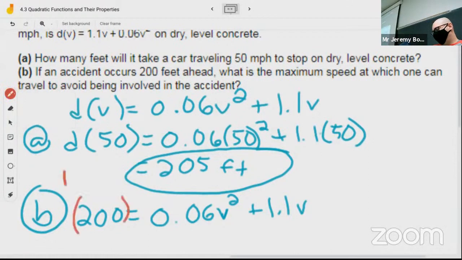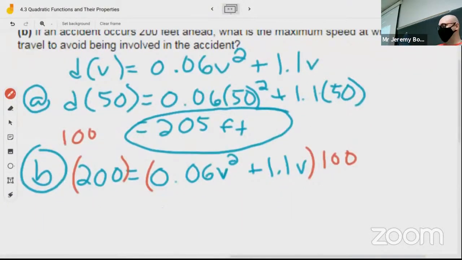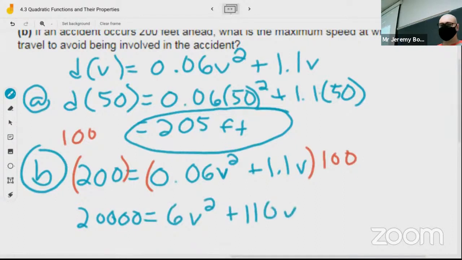Let's go ahead and do that. So we're going to multiply both sides of this by 100. As long as we do it for both sides of the equation, right? Should retain that relationship between each other. So we'll have now 20,000 is equal to 6 v squared plus 110 v.